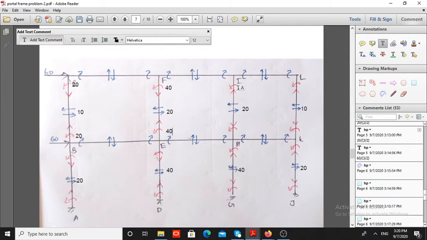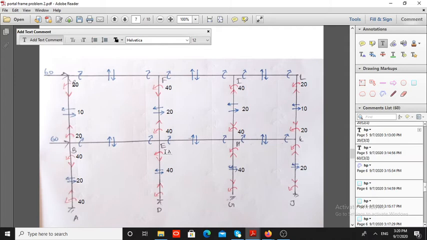And also here the column moment value is 20 into 2, that is 40, here also 40, here 80, here also 80, here 80, here also 80, that is 40 into 2. Similarly here 20 into 2, 40, here also you can mark 40.